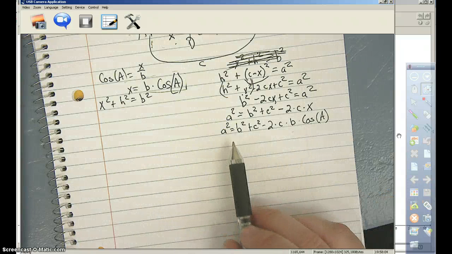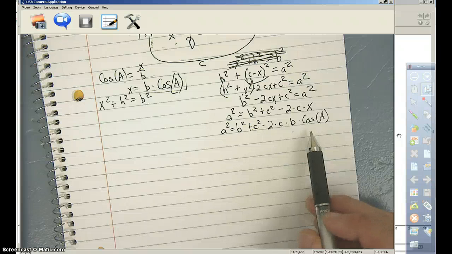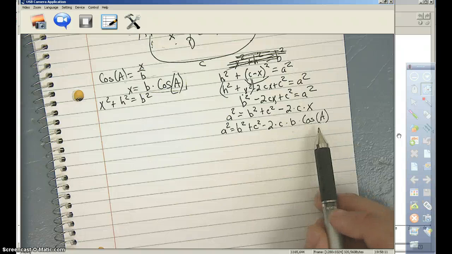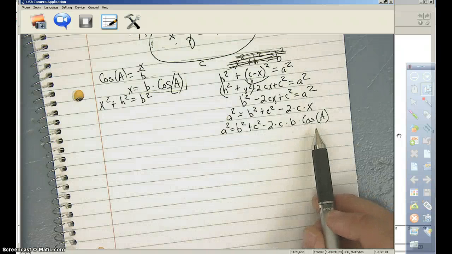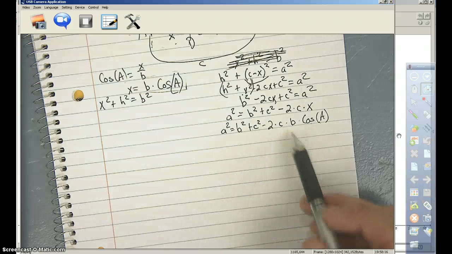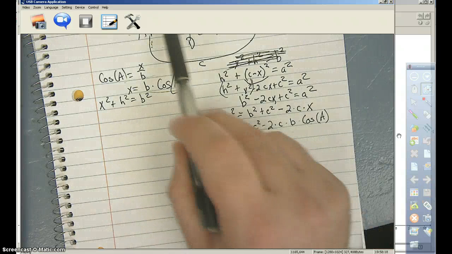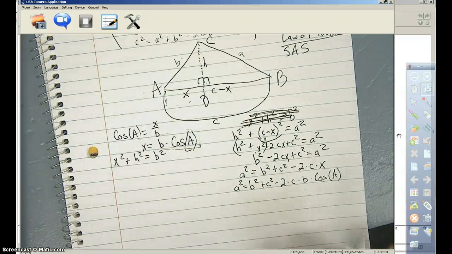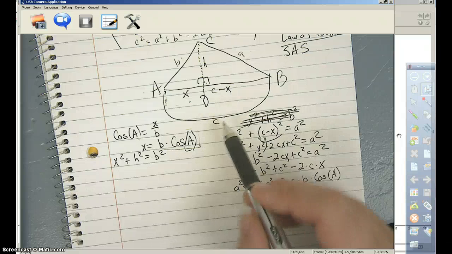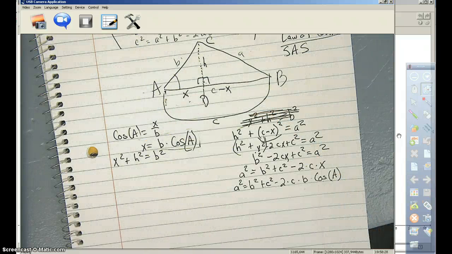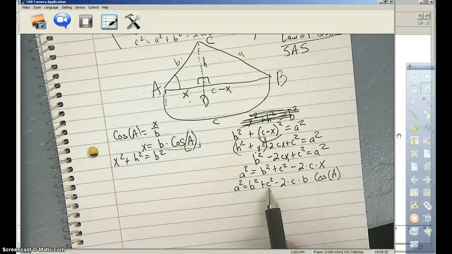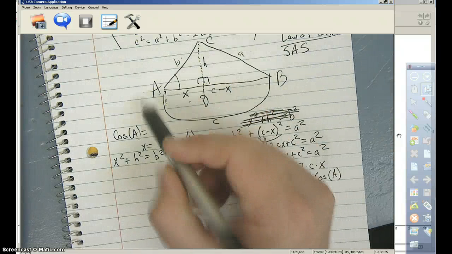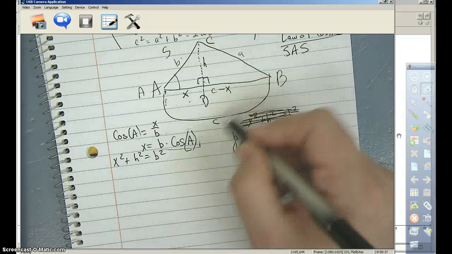Now let's think about what I told you that I could use this for. I could use this if I knew an angle and I knew two sides. So let's go through this again. Ready? In this case, if I know this angle here, A, and then I knew side b and side c, so I know side, angle, side.